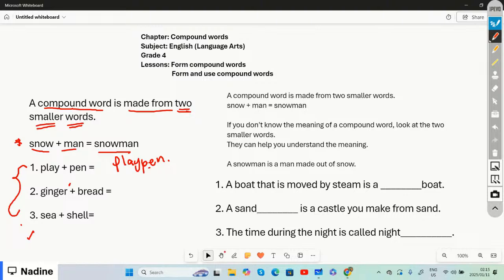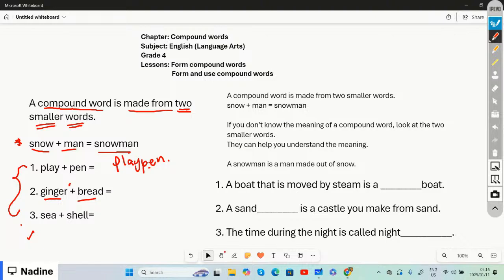All right. If you look at the next one, ginger plus bread. What is this word going to be once we start adding it together in order to show the compound nouns or compound words? Ginger plus bread is gingerbread.